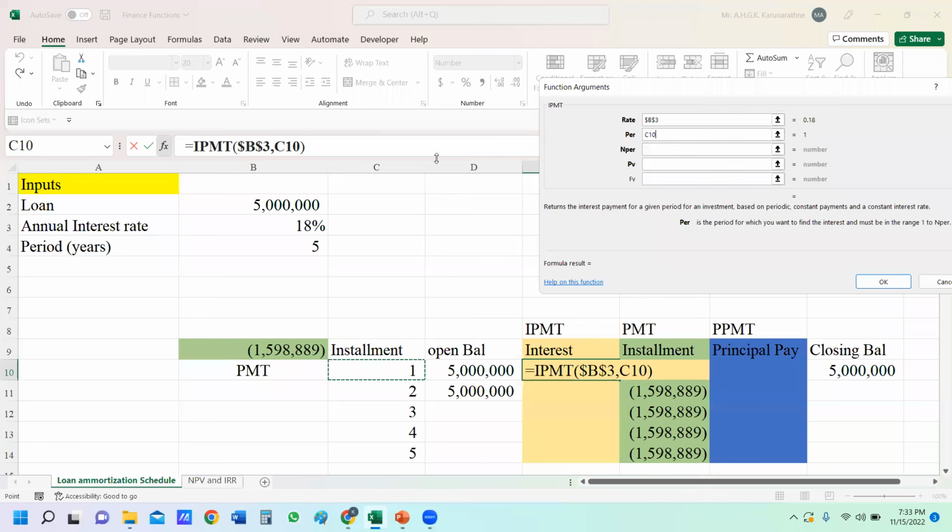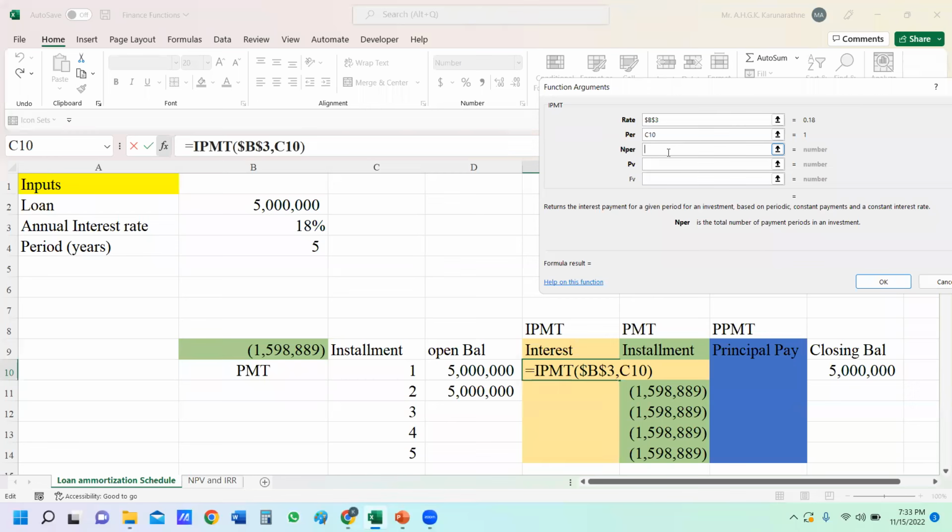So rate, fixed, and put in dollar marks. PER means the period, which should be entered as a relative cell value. For the rest, we need to make them constant or absolute or fixed values.